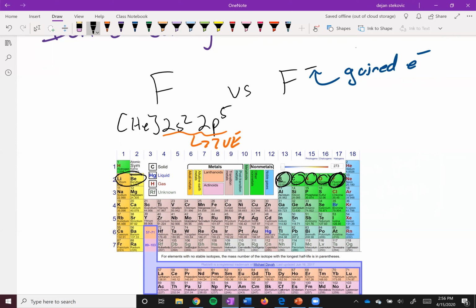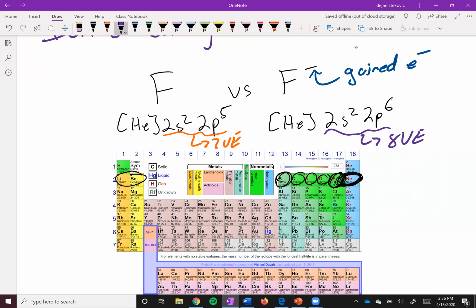Then F minus is the same thing as F, except it gained an electron. Where's it going to gain that electron? We still have one more spot in this 2p orbital, so it's going to go there: 2s2, 2p6. And you can tell now it has 8 valence electrons.